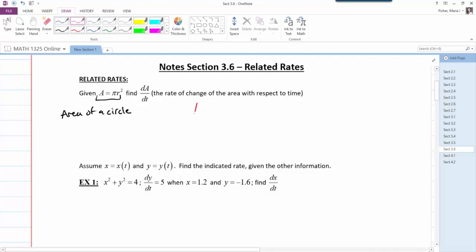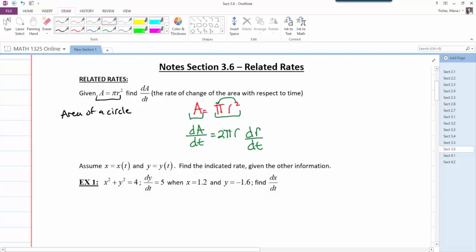So it works like this. A equals pi r squared. The derivative of A with respect to time is dA/dt equals, if I take the derivative, 2 pi r raised to the first power, but we just took a derivative of an r term with respect to time.